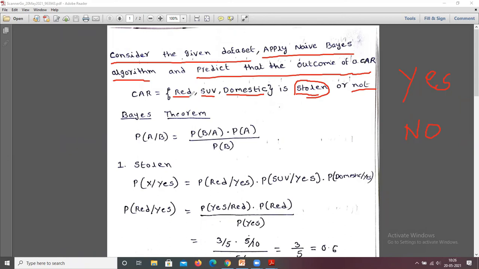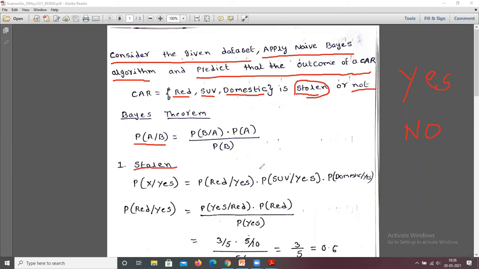So what is the Naive Bayes theorem? P of A by B equals P of B by A into P of A by P of B. So probability of B by A into probability of A by probability of B. We have two cases, one is yes, another one is no. The first one is stolen.